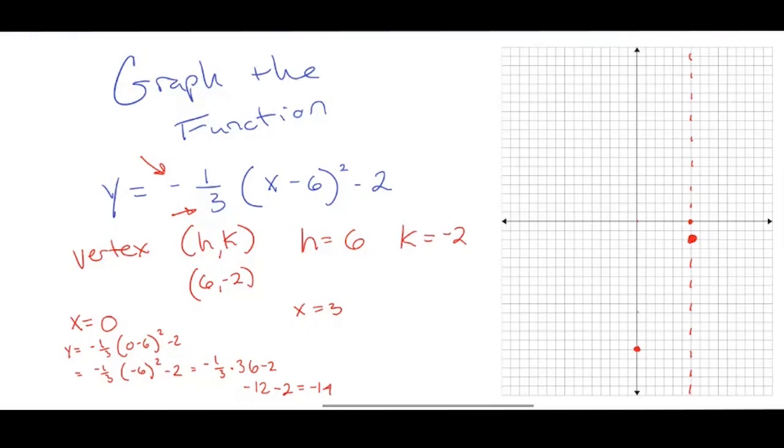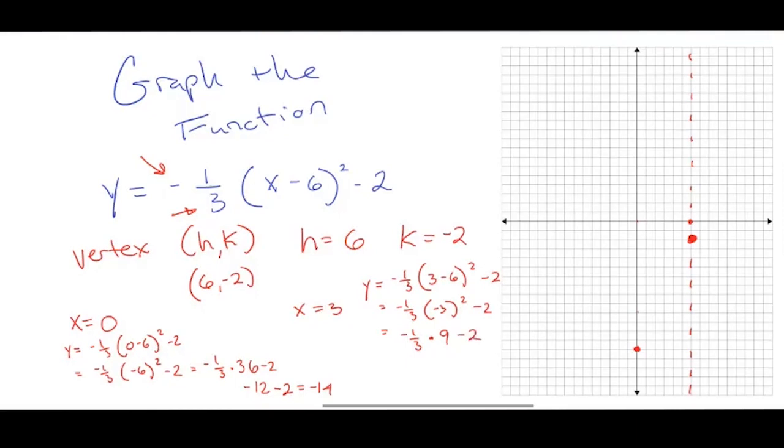Now I will plug in 3. Okay. I'm going to give myself a little more room up here. So I will plug it in up here. So y equals -1/3 times (3 minus 6) squared minus 2. So it's -1/3 times (-3) squared minus 2. So -1/3 times 9, that's -3, minus 2.